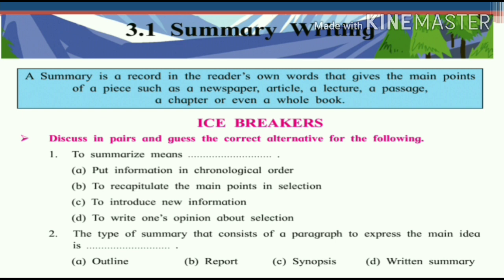To summarize means to recapitulate the main points in a selection. You have to write only the main points from the given unseen passage. So option B is correct. Second, the type of summary that consists of a paragraph to express the main idea is the synopsis.